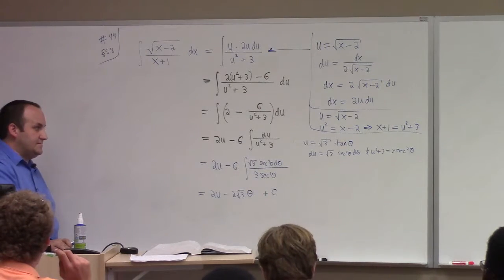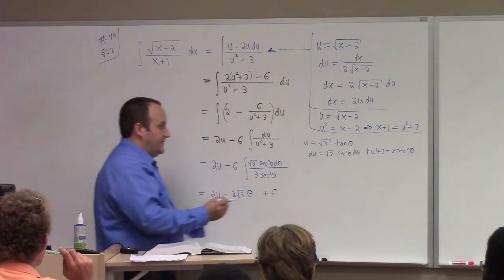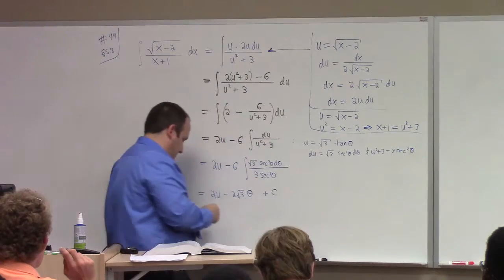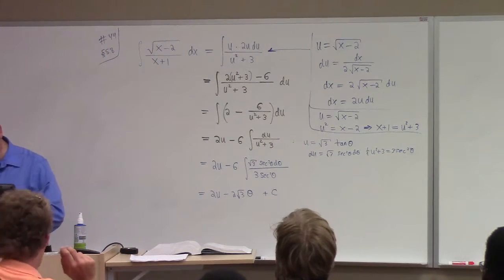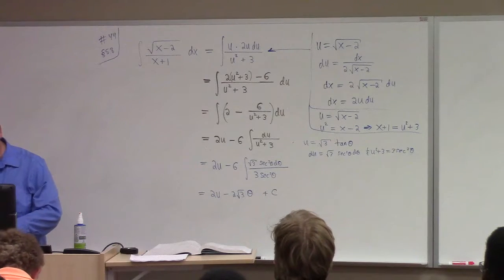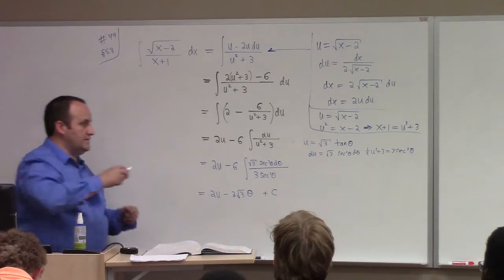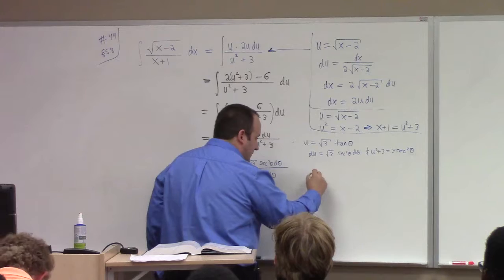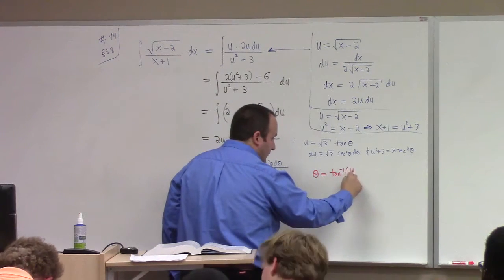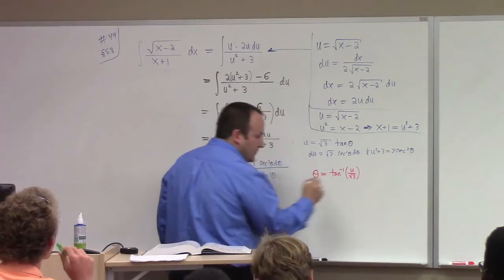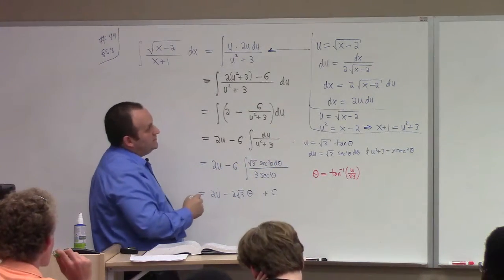What is theta? So let's see here. From this I can see that theta is inverse tangent of u over root 3, right? But what's u?